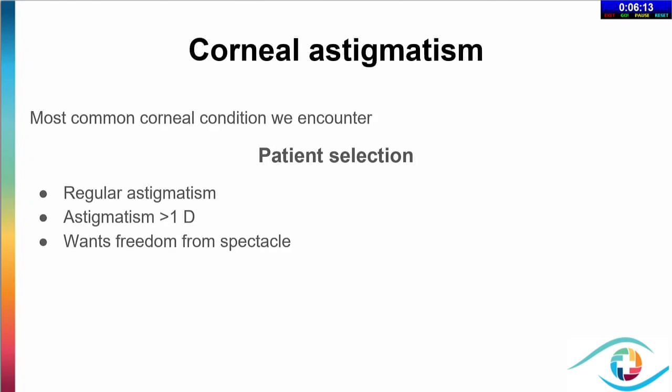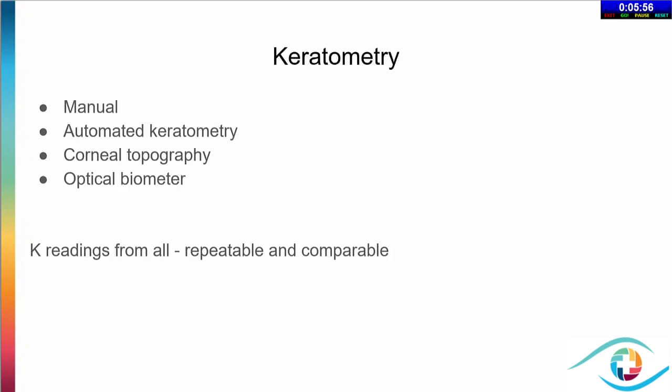In such cases, keratometry from any of these possible options is fine, because the K readings in such conditions are repeatable and comparable. One important point in calculating toric IOL power is surgically induced astigmatism, because every incision on the cornea gives some change, and the overall effect we can calculate by vector analysis.